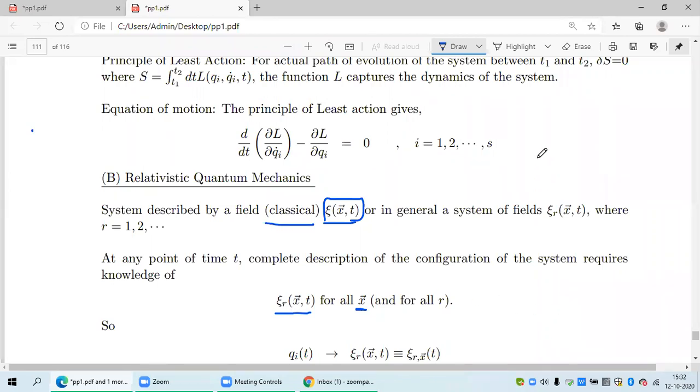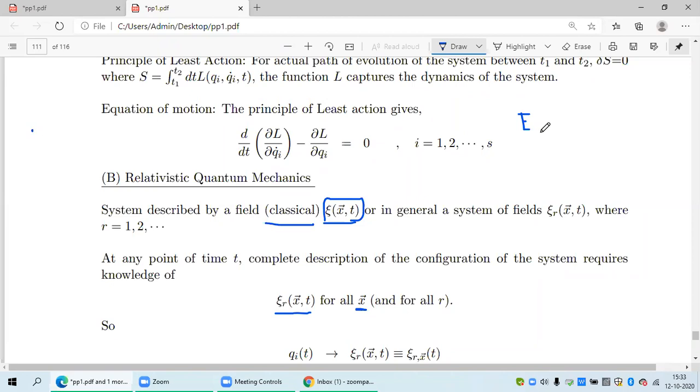For example, if you want to describe light, suppose in your room there is light, you have switched on your light. So at every point in space, you see an intensity of light.